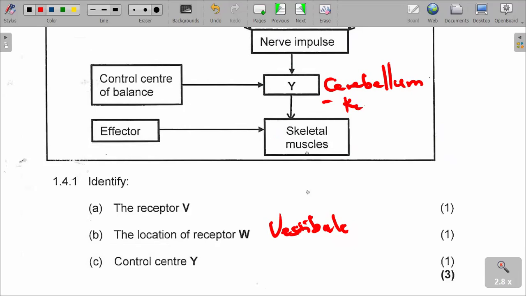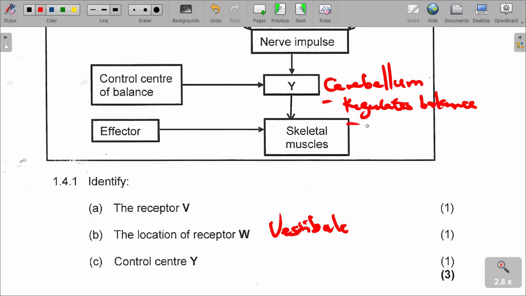It regulates posture. It regulates balance. That's one thing that you need to understand.